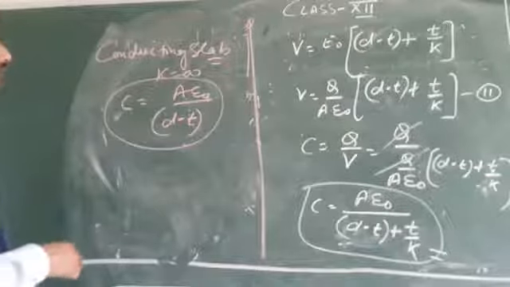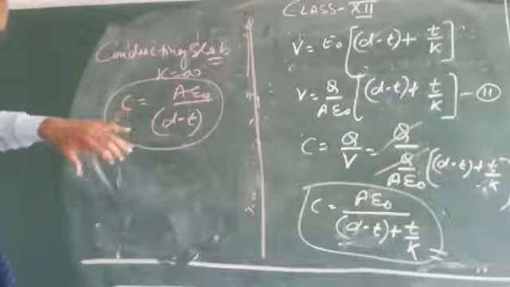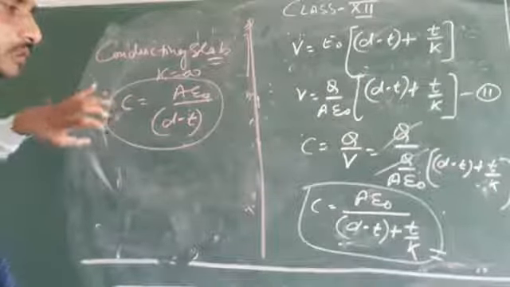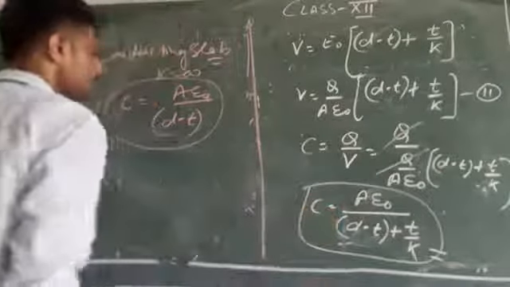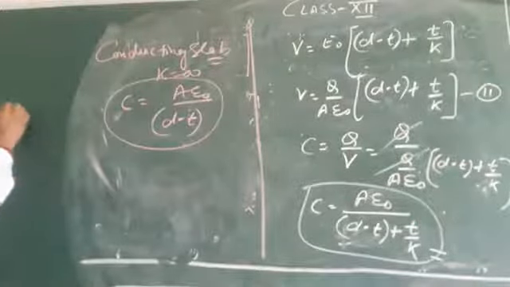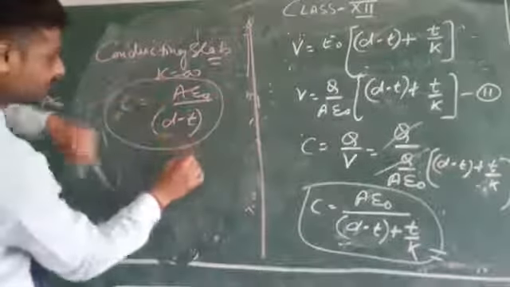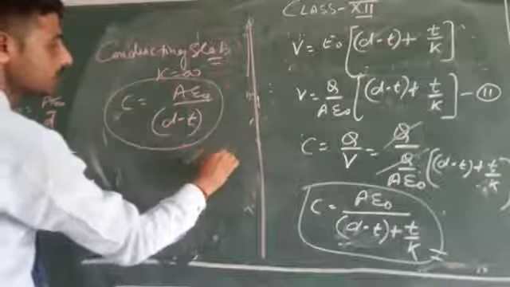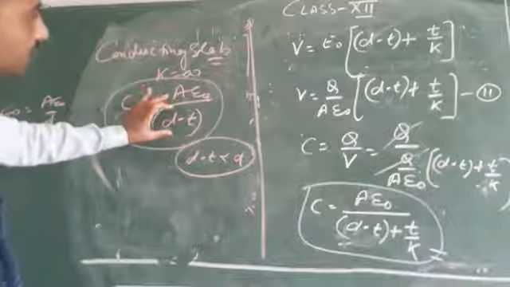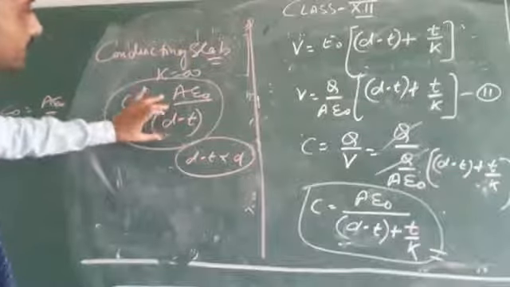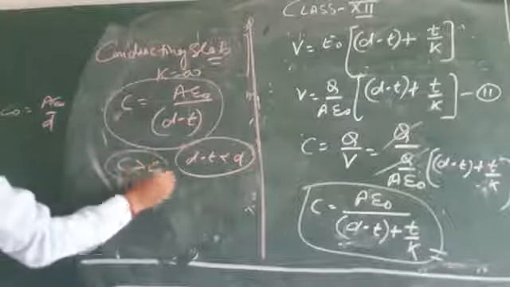So you see clearly, when a conducting slab or dielectric slab is introduced between the plates, the capacitance will increase. Because, as you know, C naught is equal to A epsilon naught upon D, and this value D minus t is less than D. So when A epsilon naught is divided by D minus t, this value C is greater than C naught.